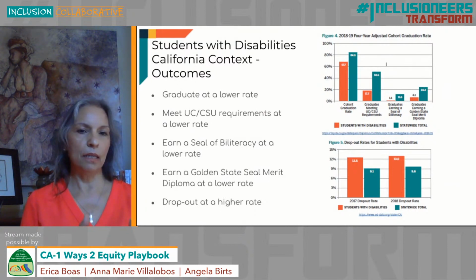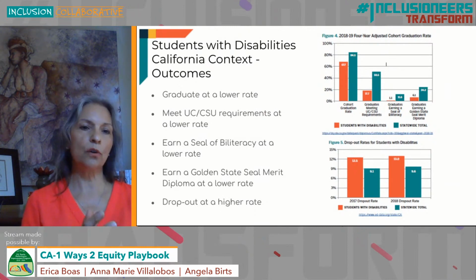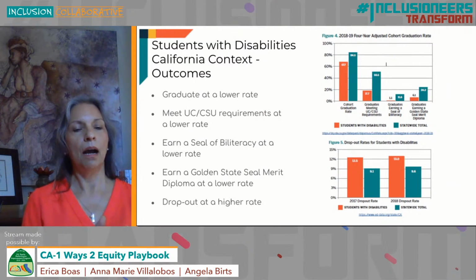So when examining these different statistics, they really affect the long-term outcomes for our students because it hinders their ability to continue their higher education. It hinders their ability to obtain self-supporting work, and it hinders their ability to become independent, contributing members of society.